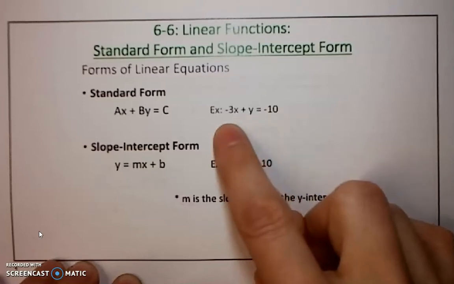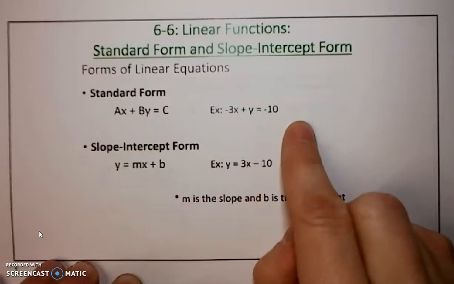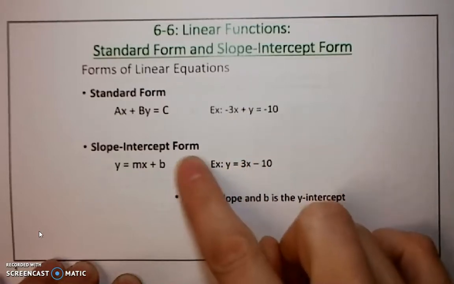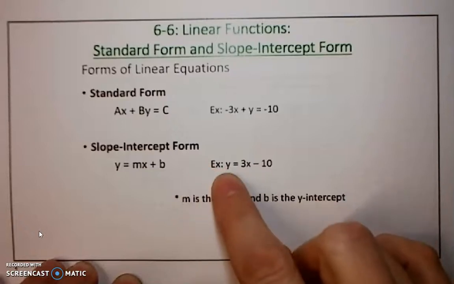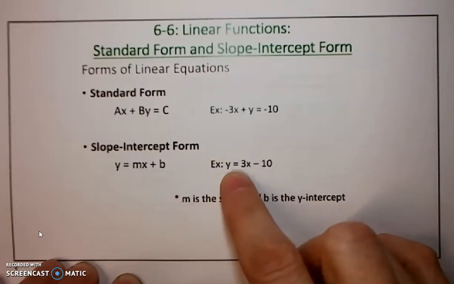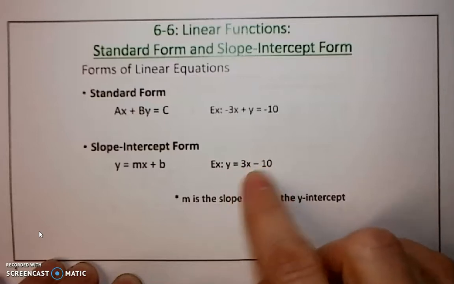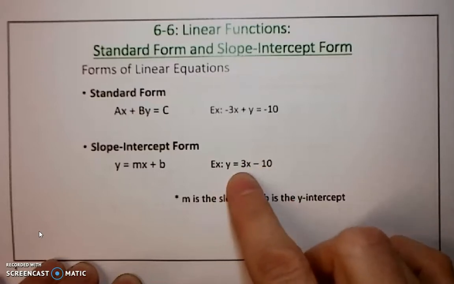If I take negative 3x and bump it to the other side and set this to y equals, now I'm in slope-intercept form. Slope-intercept form is when y equals whatever, the x term comes first, and your constant is at the end. So here I have y equals 3x minus 10.